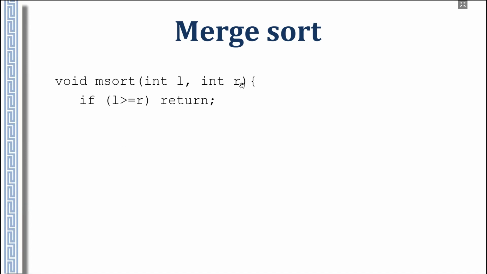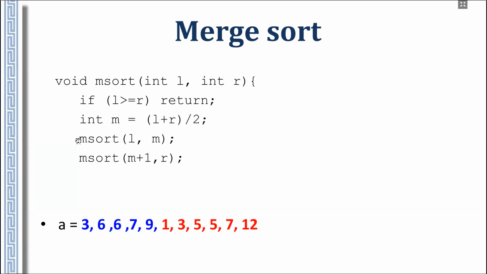So we want to sort the array from 0 to R. What do we do? We sort the left part and the right part separately, and then merge them. If they are sorted, then we can merge them. So we split the part from L to R into two parts with equal length. We sort the left part, the right part, and then just invoke merge.